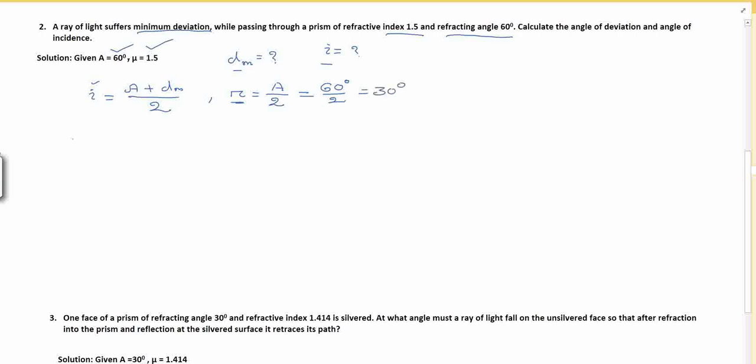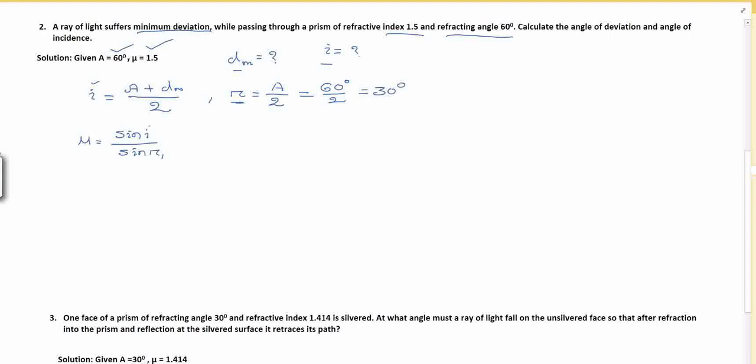Now we'll apply the formula mu is equal to sin I divided by sin R. This is the formula for the refraction at the first face.